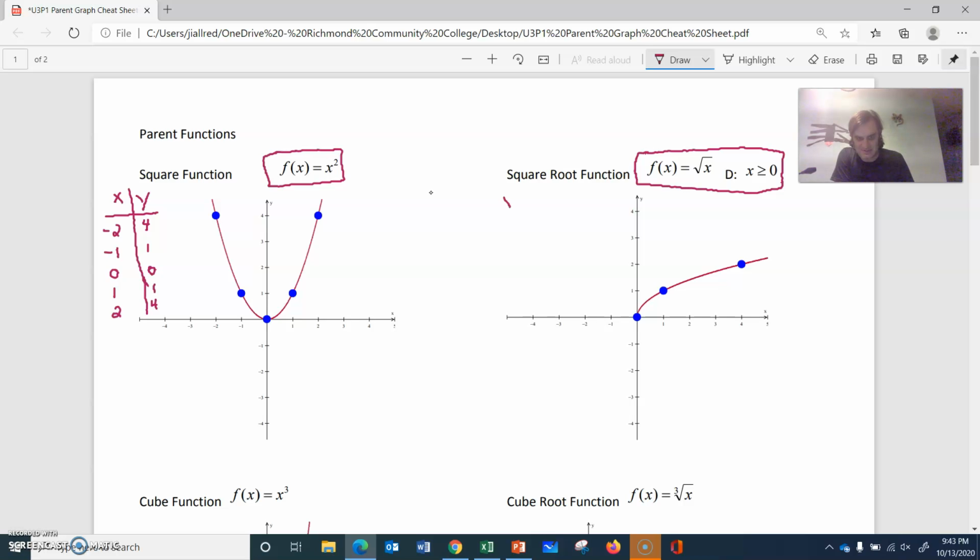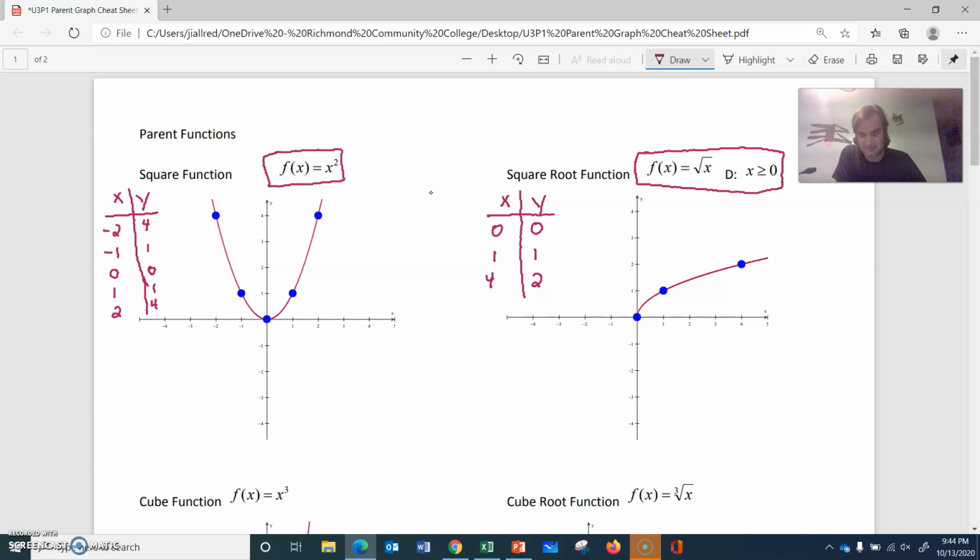Now, as I pick some points to work with here, well, I can take the square root of any positive number. They're not always nice numbers, so they're not easy to plot. So I'll show you a few nice numbers here. The square root of 0 is 0, the square root of 1 is 1, and the square root of 4 is 2. And I have those points plotted.